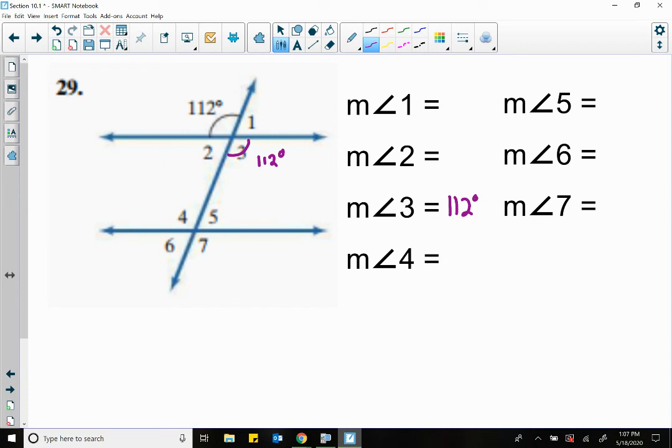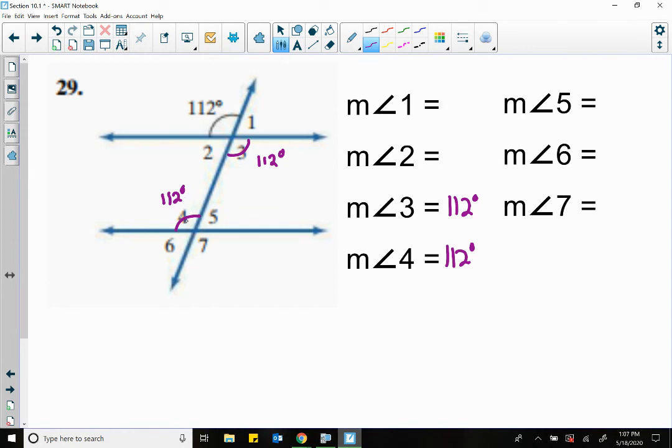You could have started with angle 4 if you wanted. And we know that angle 4 is 112 degrees. And again, I would always ask why. So some reasons why we know angle 4 is 112 degrees. Well, 112 and angle 4 are corresponding. Top left, top left.